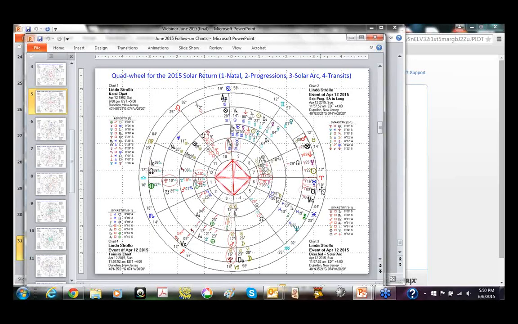And we've got your transiting Uranus, it's closing in on the opposition with your solar arc Pluto here. These are heavy hitters. You're right there at your ascendant and your natal Neptune. There is part of this cross you have.